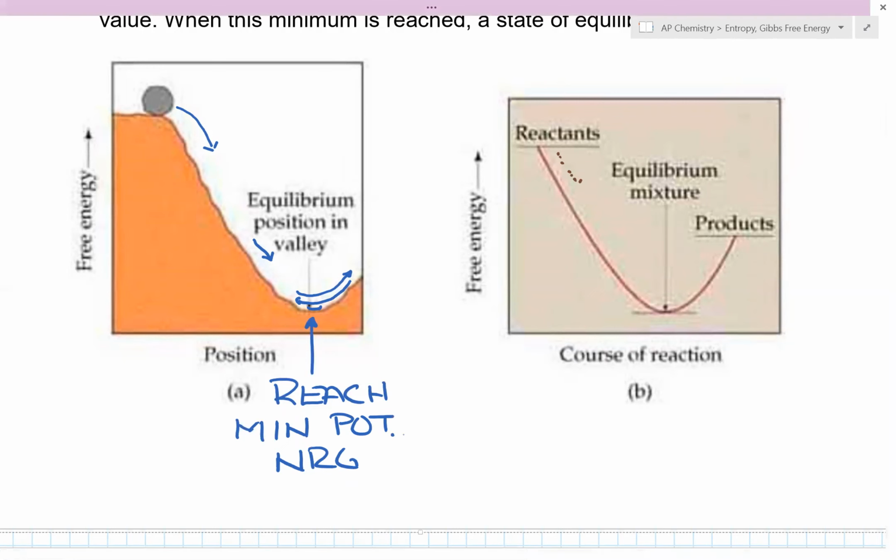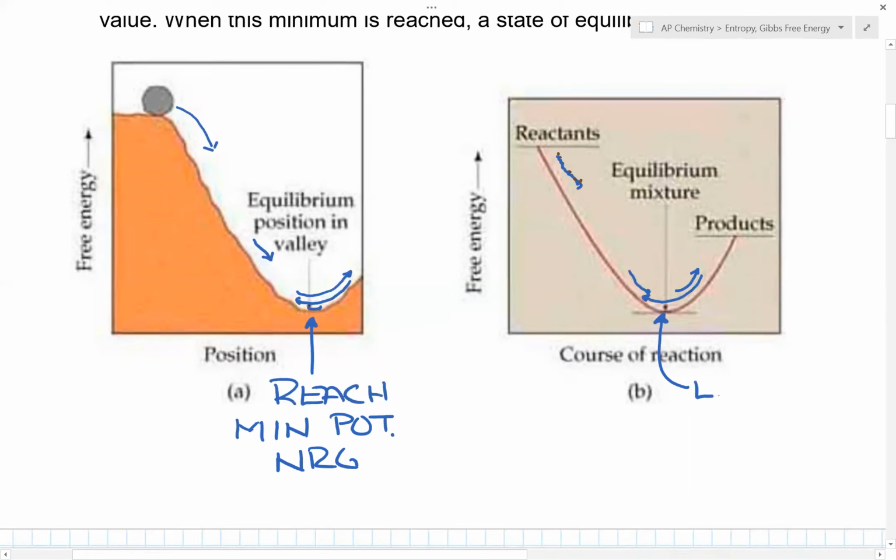When the reactants are mixed, the free energy decreases and then goes up to the products. Then the products will react to form reactants until you have reached the lowest point of free energy. And at this point, we get our equilibrium.